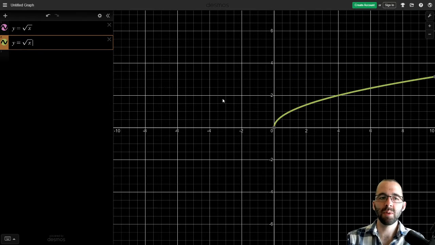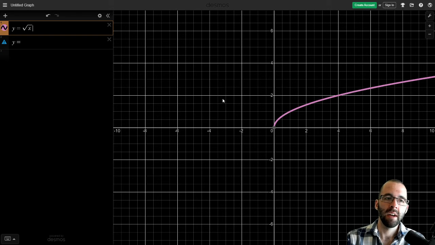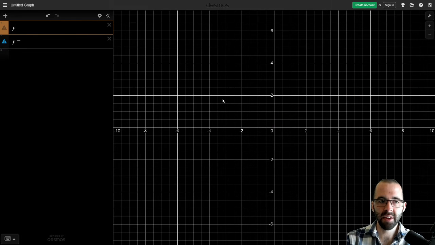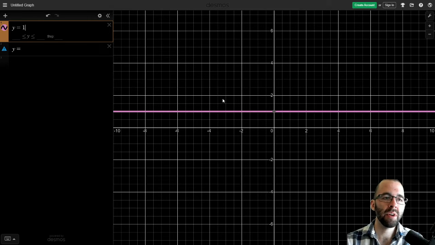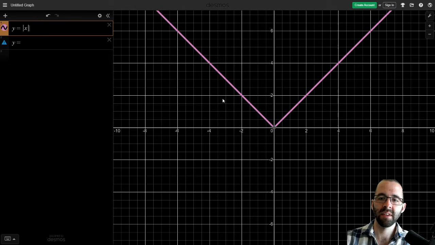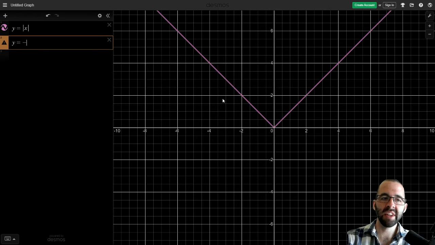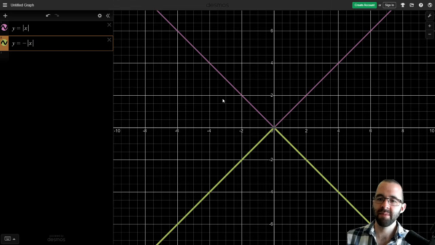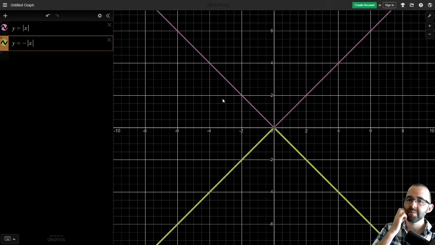So we could do this with a whole bunch of functions, right? What's another good toolkit function? How about 1 over x? We haven't talked too much about 1 over x. Oh, absolute value. That's a good one, actually. Right? If we put a negative on the outside, it should flip it upside down. We get the green as the flipped upside down.